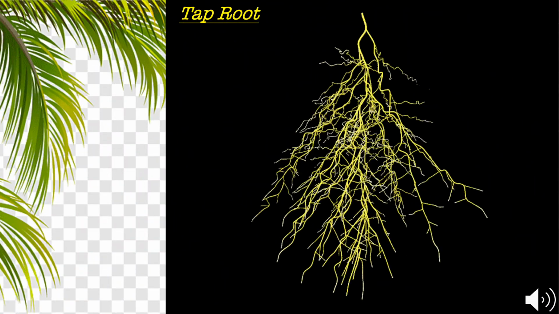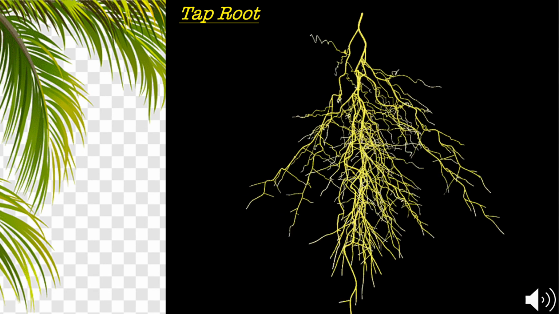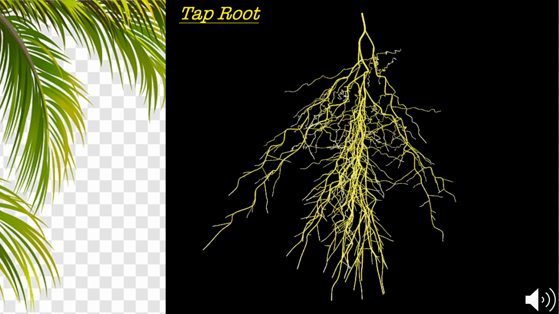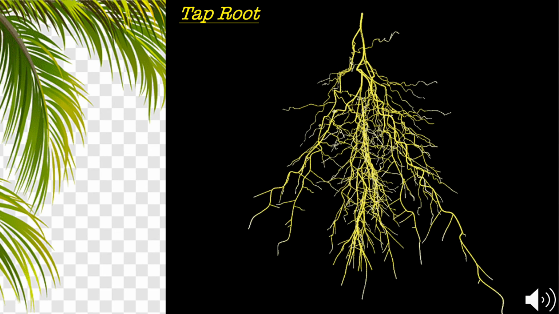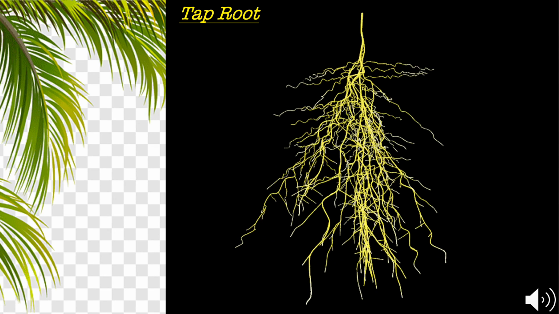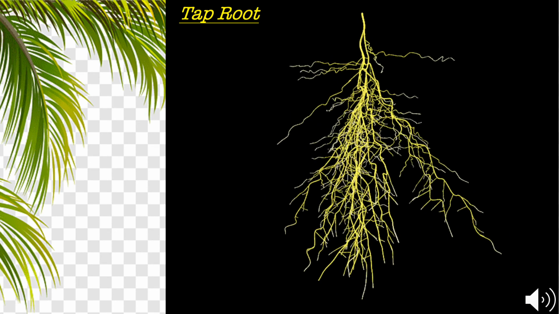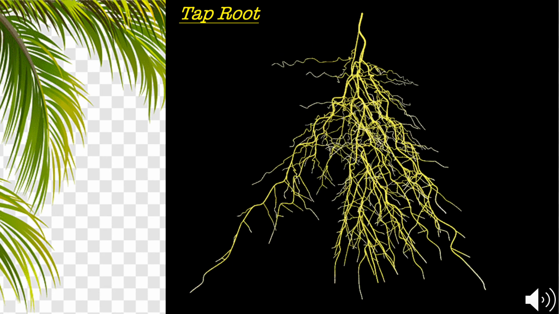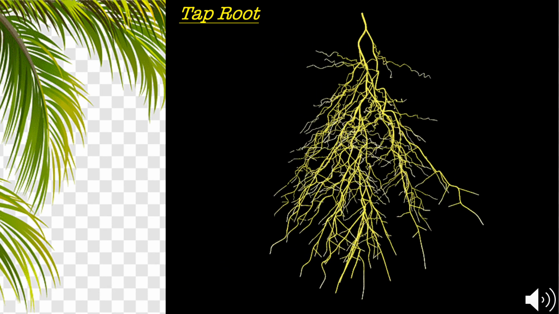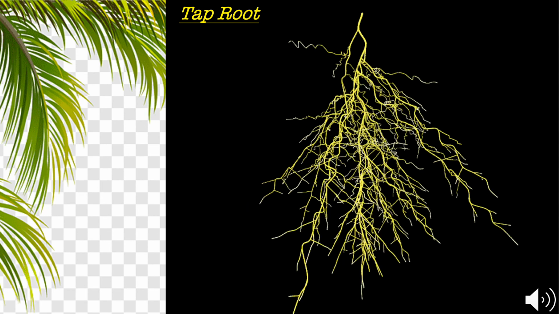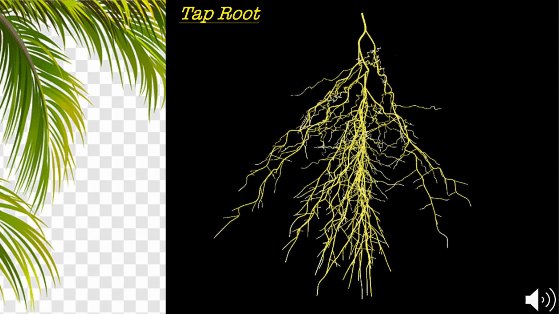It is taproot. The taproot is the main root of the plant that goes deep into the soil. It is thick and grows downwards. Its main root has many branches that spread out.